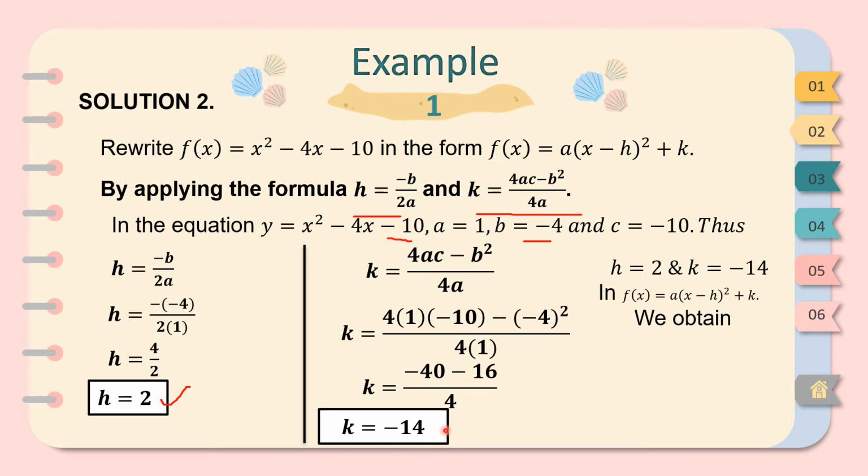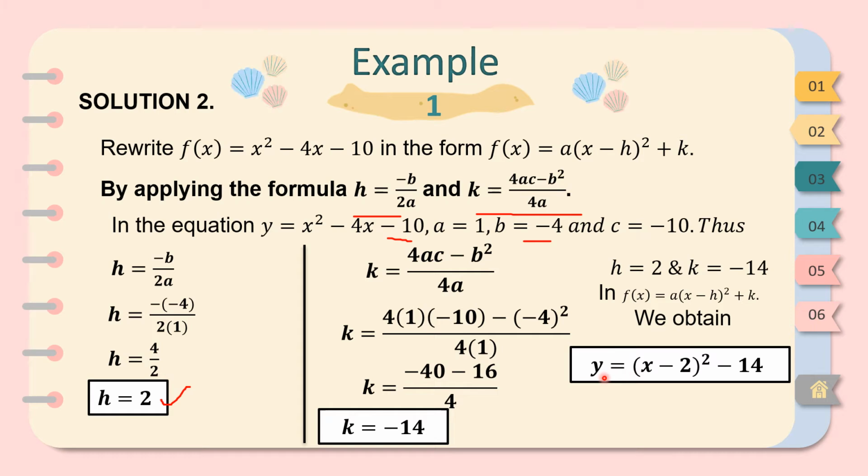So, by substituting the solved values of h and k in y is equal to a quantity x minus h squared plus k, we obtain y is equal to, palitan po natin, quantity x minus, yung h po na nakuha natin ay positive.